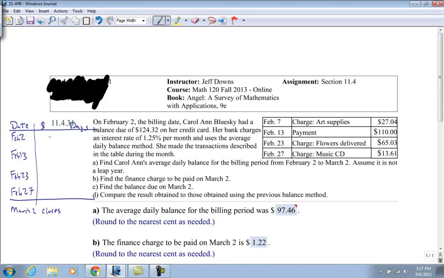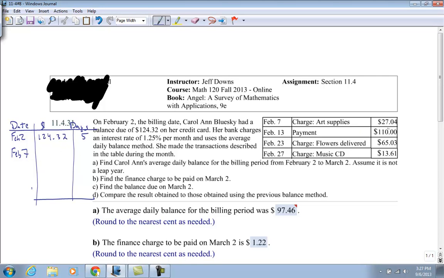Our balance was $124.32. I forgot the 7th, didn't get the 7th in there. So that was for 5 days.